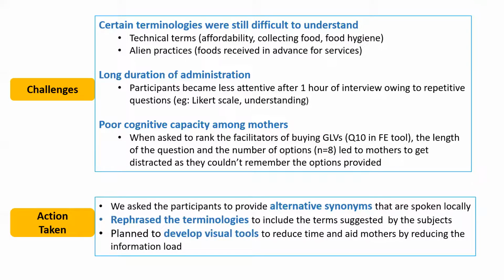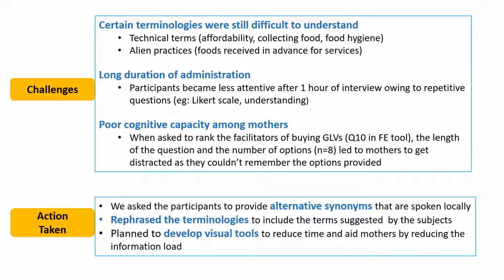The action we took for this is, while asking the questions, we asked the participants to provide alternative synonyms for the particular term, like for barter system or credit. What is the local term they generally use for those practices? And we rephrased the terminologies in the newly translated questionnaire.